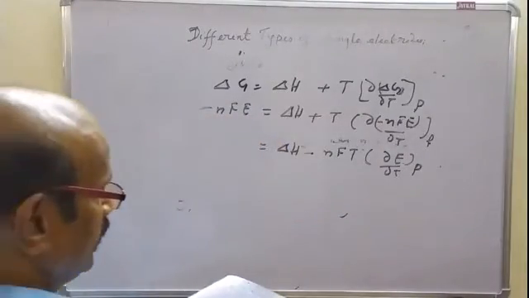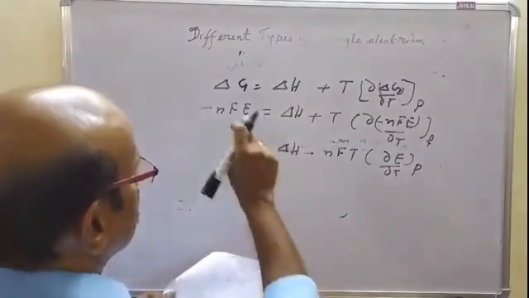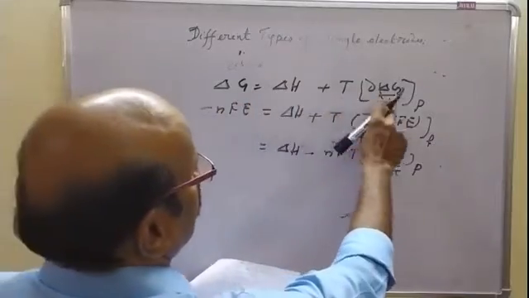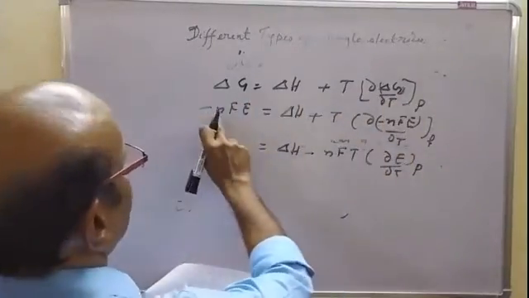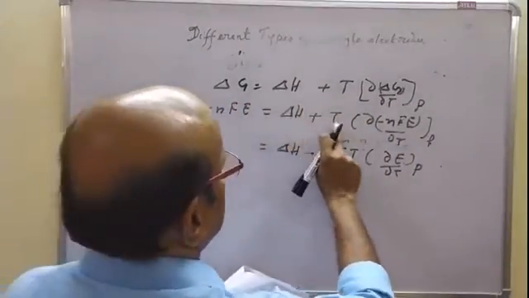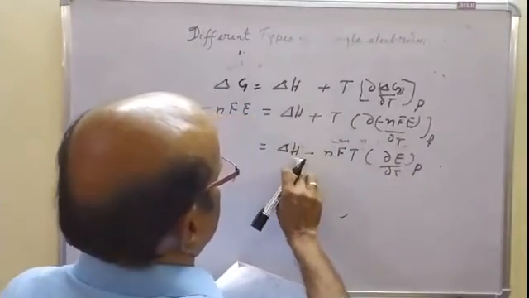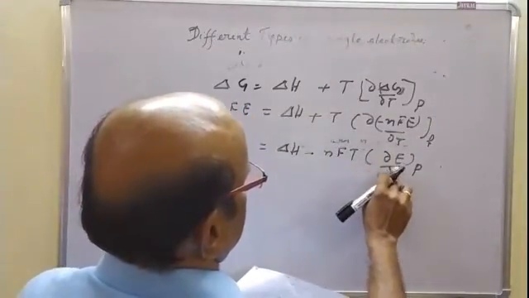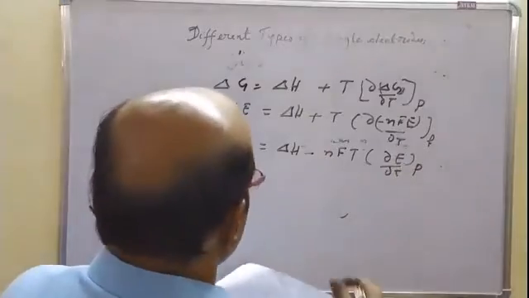The Gibbs-Helmholtz equation is delta G is equal to delta H plus T into d delta G by dT. Therefore, minus nFE is equal to delta H plus T into the same, so delta H minus nFT into dE by dT at constant pressure.